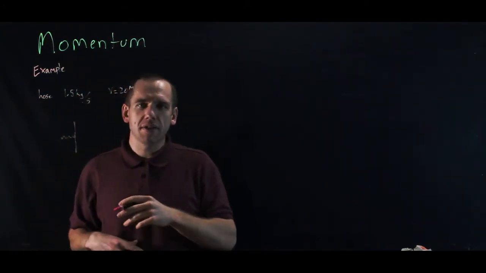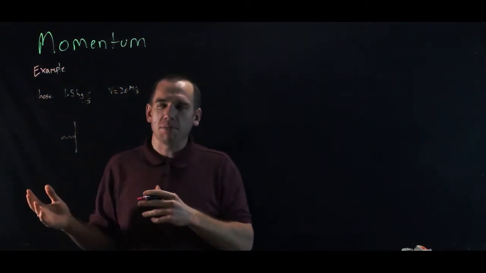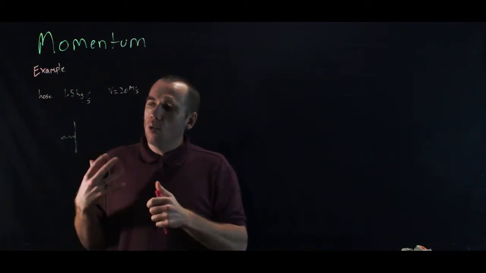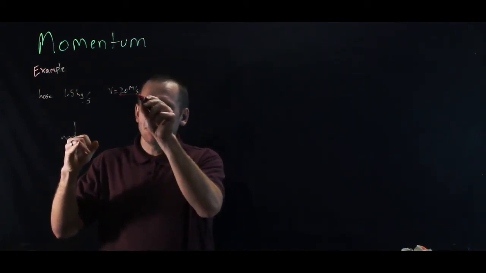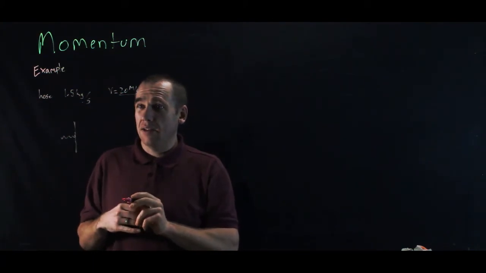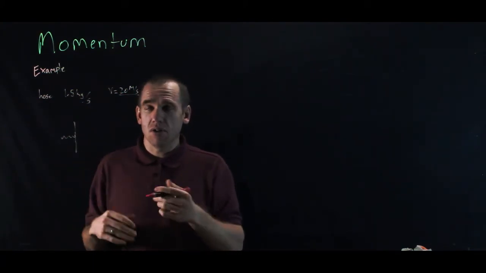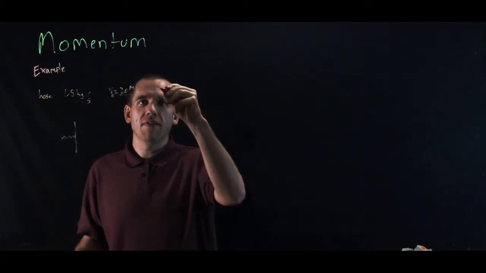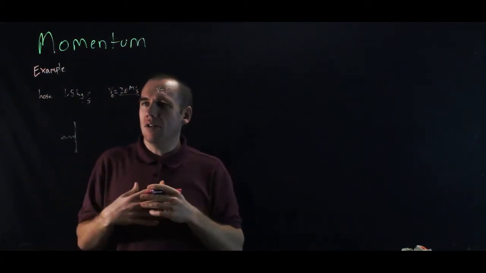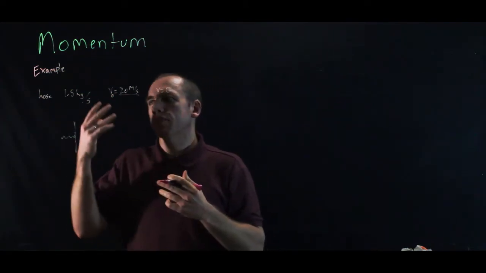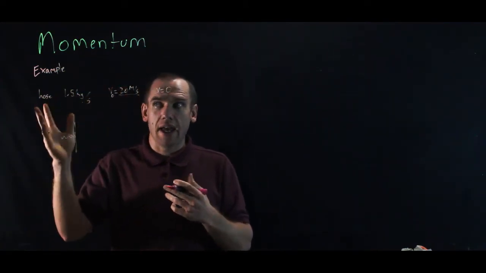Like it just runs down the side and doesn't splash back. Okay? Well, what we can do is we can say we know its initial velocity, 20 meters per second, and we know its final velocity is 0 meters per second. So I have a V naught of 20, I have a final velocity of 0, but I don't really have a time. However, I also don't really have a mass.